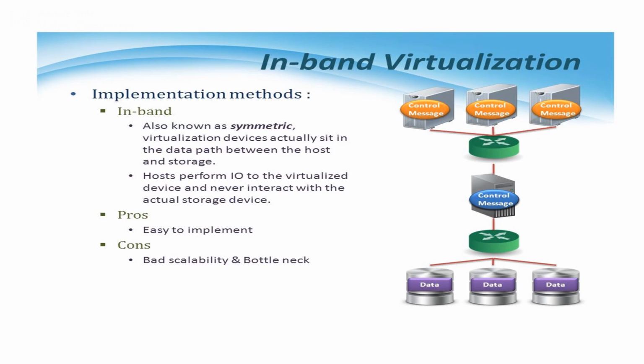The second one is in-band virtualization. The implementation method is symmetric. The virtualization device sits in the data path between the host and the storage, as I mentioned before. The host performs I/O to the virtualized device and never interacts with the actual storage device, so there is no direct interaction between host and storage device.